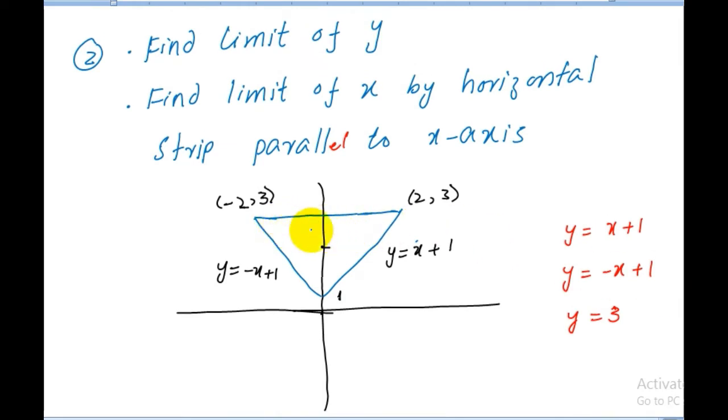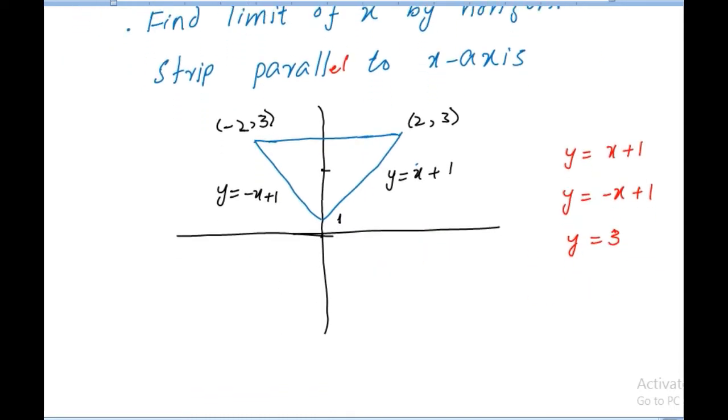Consider we have to find double integral over this region. This is a triangular region bounded by the curves y equal to x plus 1, y equal to minus x plus 1 and y equal to 3. Now this triangular region, we can find the limit in two ways.